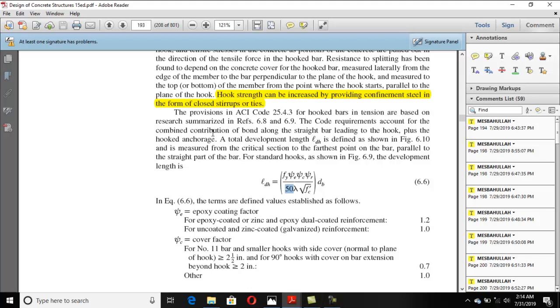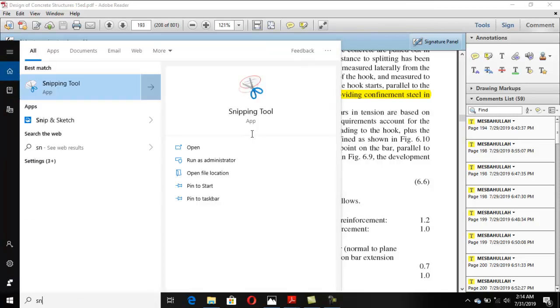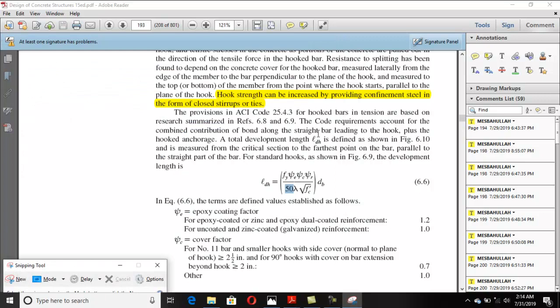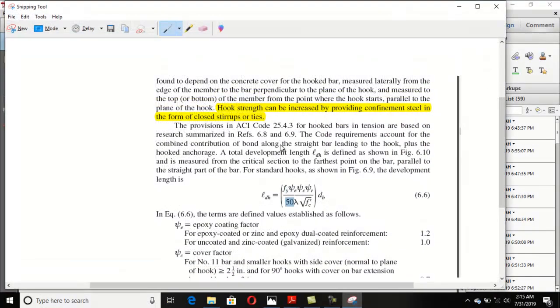They write it as a 0.02, and they place it here in this pattern, and the rest of the formula is the same. That is lambda and fc prime. Both give you the same answer.